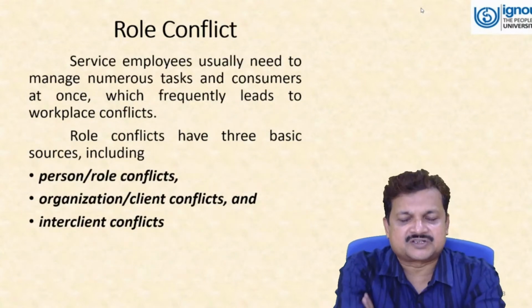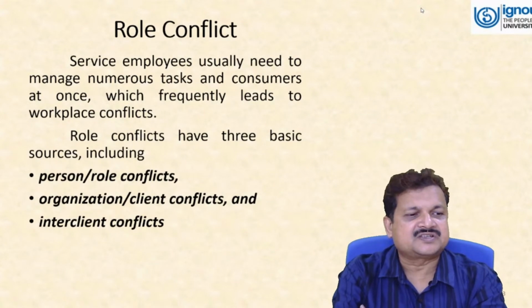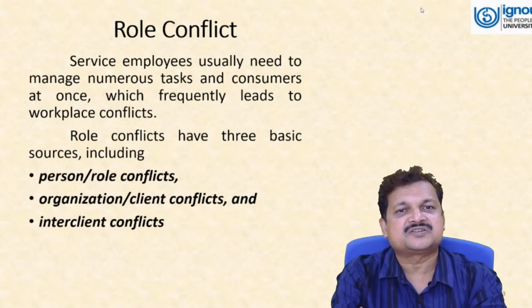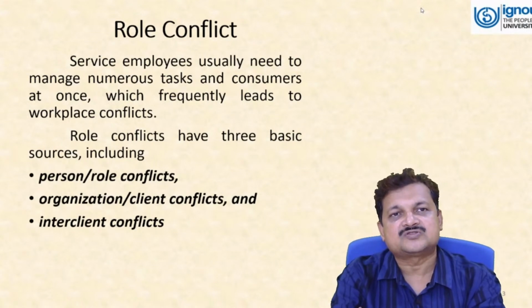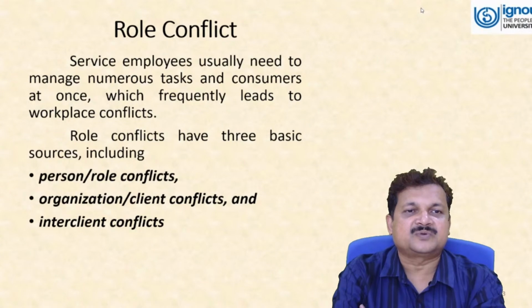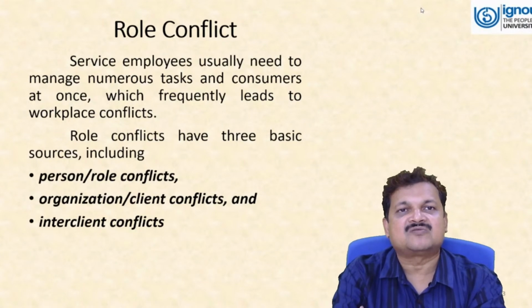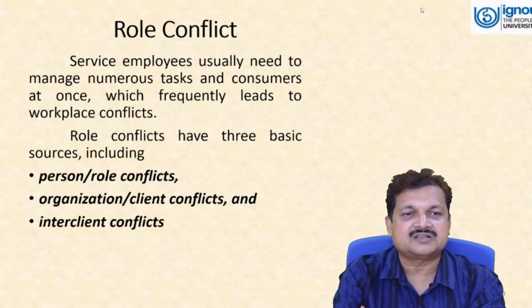Now, role conflict. In role conflict cases, we find that service employees usually need to manage numerous tasks. So they have to do numerous tasks. What are the different tasks in this particular process? The conflict will arise.